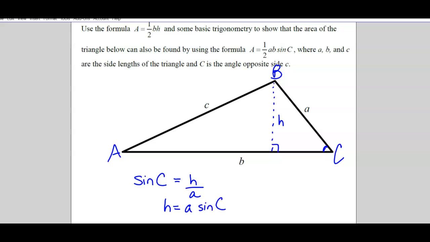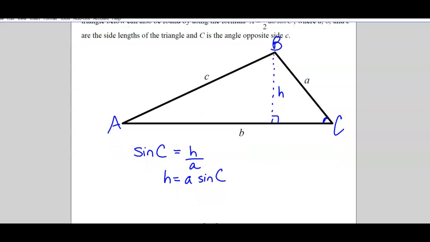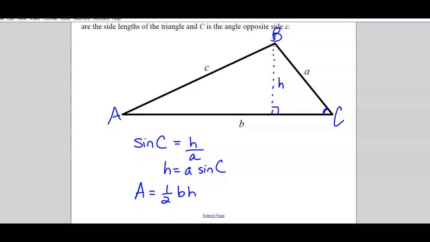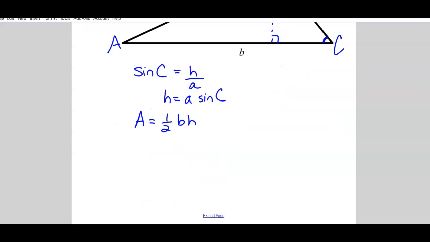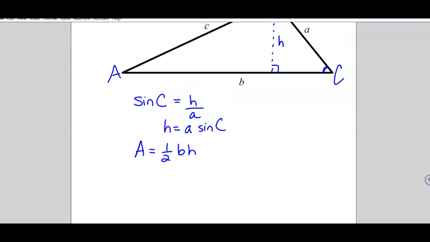So look at what's labeled. I labeled it h. You could call it x or whatever you want. So that's height. So now area is 1/2 base times height. We specifically used b for the bottom side there just to make the variables match up.